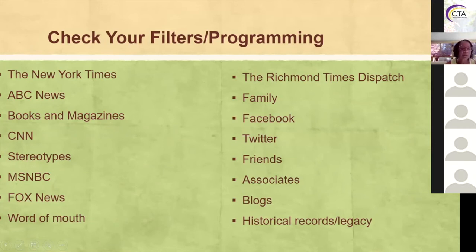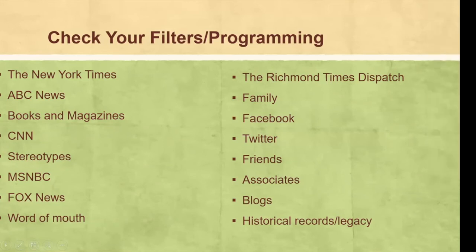For example, the New York Times, if that's something that you read, or ABC News, or books and magazines. Which books and which magazines? CNN, stereotypes, MSNBC, Fox News, word of mouth, your family, your Facebook, your Twitter, friends, associates, blogs, historical records, legacy. How have these things impacted you and your family?